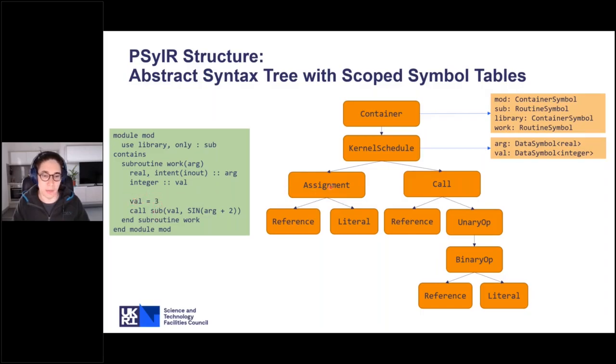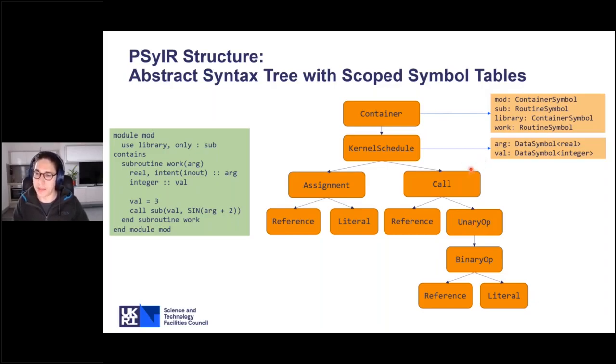The first one is this assignment, which is represented here in the AST, which assigns this literal into a reference. And then we have a call, which has 2 parameters, which you can clearly see in the tree. And the second one has, inside its unary operation, a binary operation.